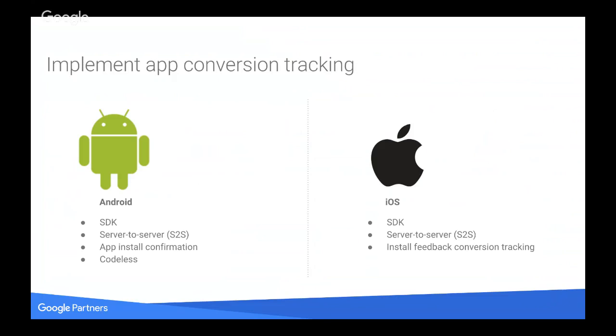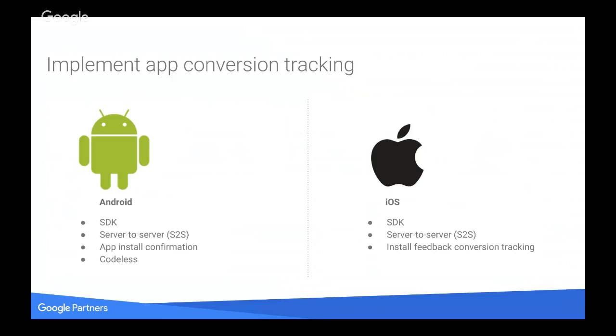Now, in terms of understanding app conversion tracking, we have got 2 sets. Within the Android system, you've got codeless conversion tracking. Since Google does own the Play Store, we are able to track the number of people who install your app. While if this is not an option that you'd like to go for, there are software development kits, which means an app developer puts the AdWords conversion tracking software development kit within the app. This can help you track how many people are downloading your app or taking any other in-app conversions that you may have defined to the system.